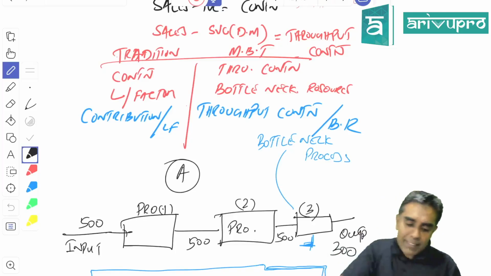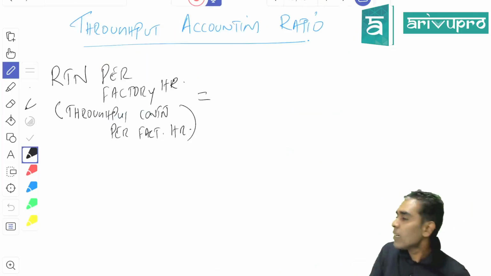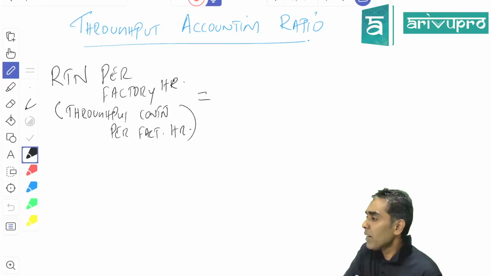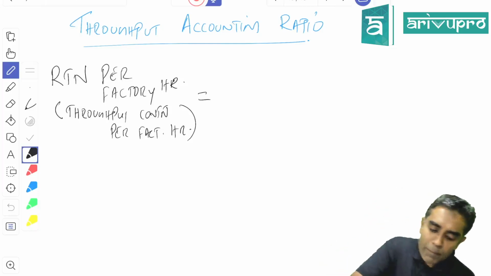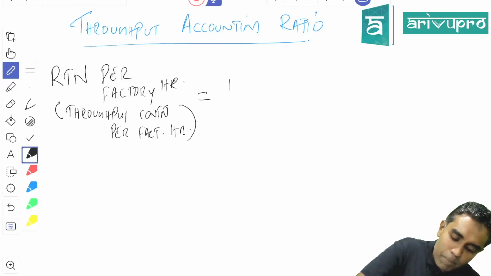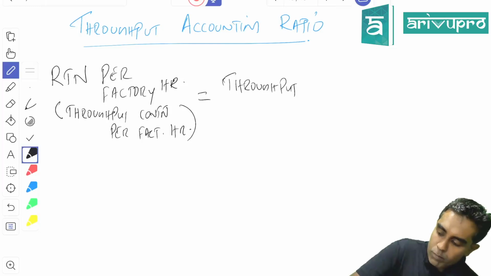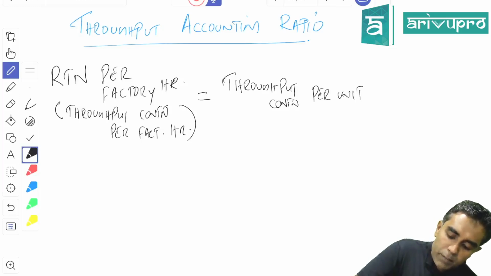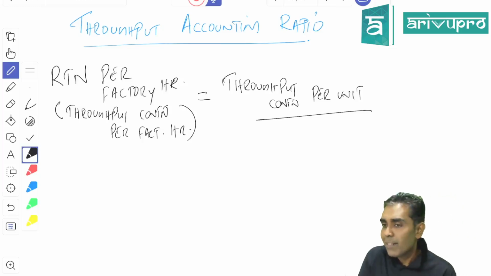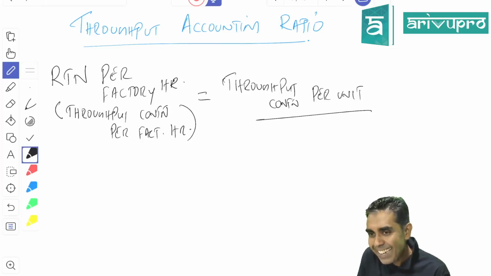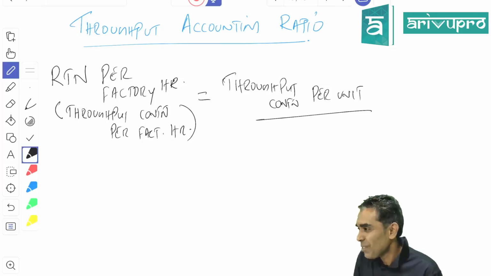That is what is known as return per factory hour. But for return per factory hour, instead of using the contribution, we apply throughput contribution per unit divided by bottleneck. There we call it limiting factor, here we call it bottleneck resources.